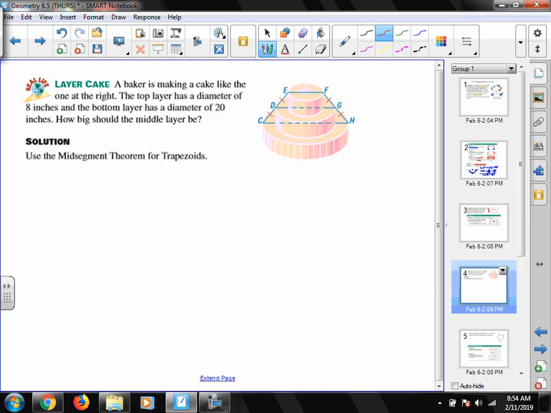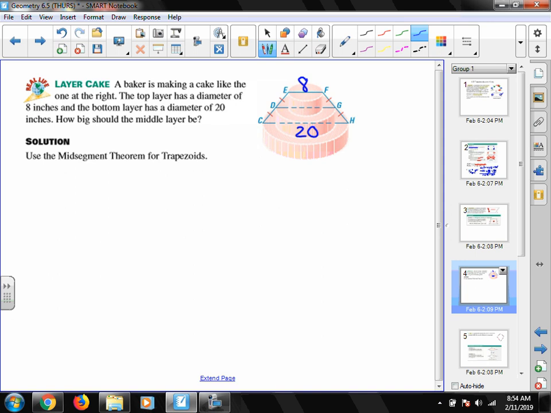So, a little example of this. A baker's making a cake like the one shown here at the right. The top layer has a diameter of 8 inches, and the bottom layer has a diameter of 20. So, I've got 3 tiers to this cake. Top one is 8 inches, bottom one is 20 inches, and we want to know how big that middle layer should be. Okay, so we're looking for what's going to be halfway in between.